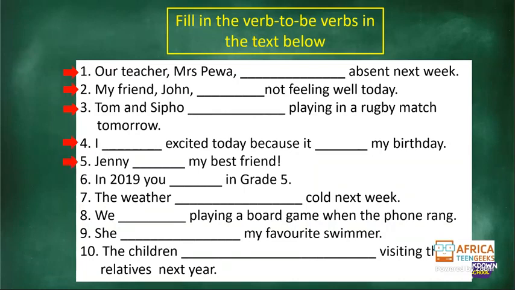Jenny, my best friend. In 2019, you, in grade 5. The weather, cold next week. We, playing a board game when the phone rang. She, my favorite swimmer. The children, visiting their relatives next year. So I'm going to give you a bit of time and then I'm going to ask somebody to call out the answers.